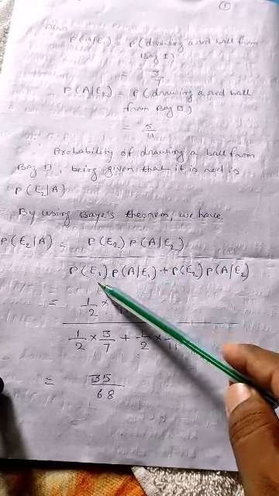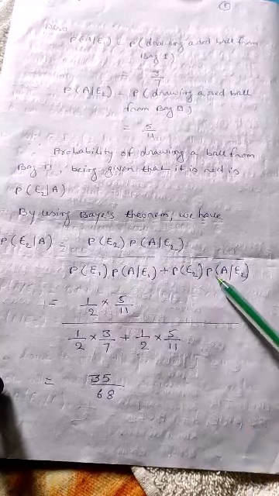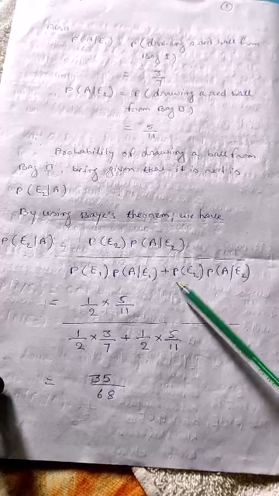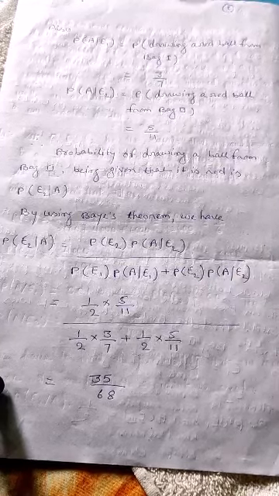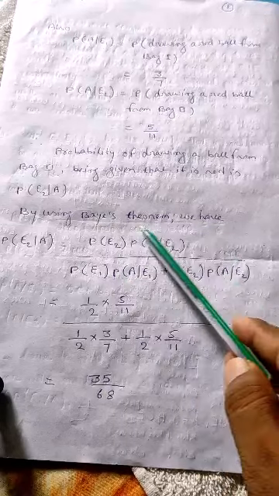The total probability will be P(E1) P(A|E1) plus P(E2) P(A|E2). If another event E3 is there, then we can write P(E3) P(A|E3), and if more events are there, in the same manner we write all the events. The sum of the events goes in the denominator, and the one we have to find goes in the numerator.